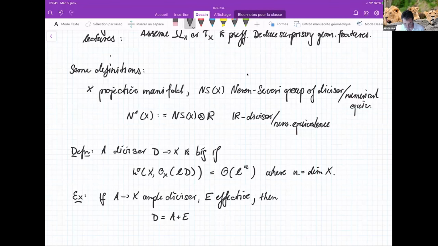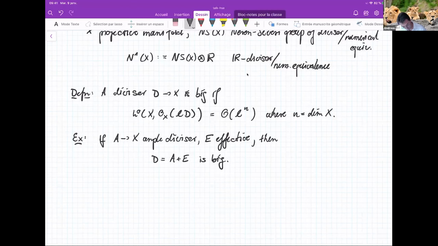And now that I've defined this class of divisors, let me mention the following fact. If I look now at all the classes of big divisors in my vector space N^1 of X, they generate an open cone.